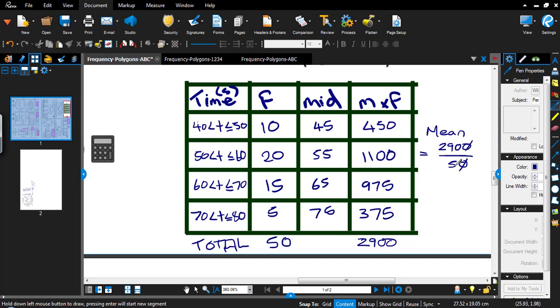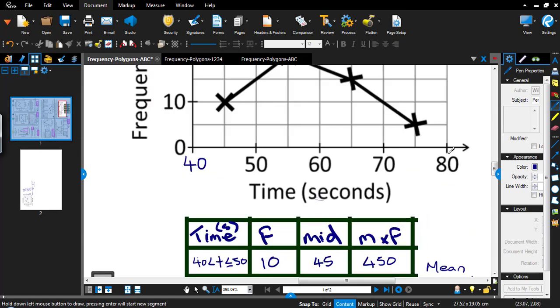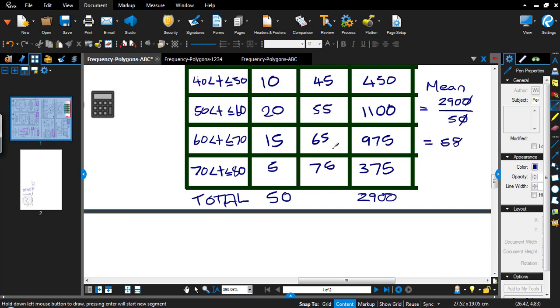So you just cancel them. 5 into 29 goes 5 times, 4 left over. 5 into 40 is 8. So it's 58. What are the units? Seconds, okay? So the answer is 58 seconds. That's it.